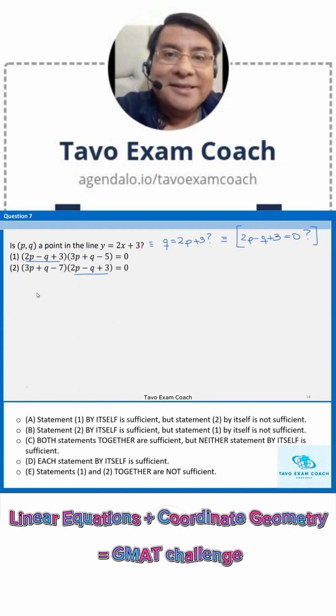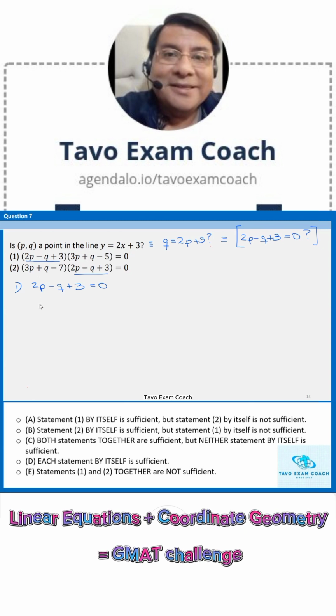Let's analyze statement 1. If statement 1 is true, then this factor on the left multiplied by the factor 3p plus q minus 5, this product yielding 0, means that either factor can be 0. You don't know which one, though.